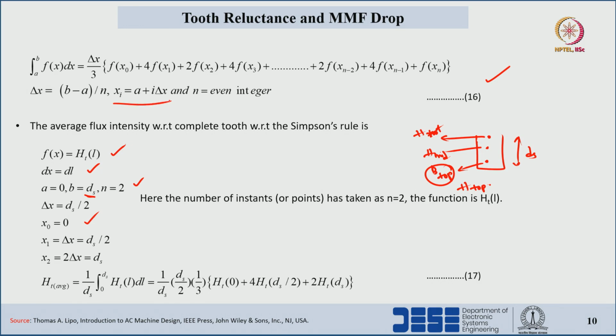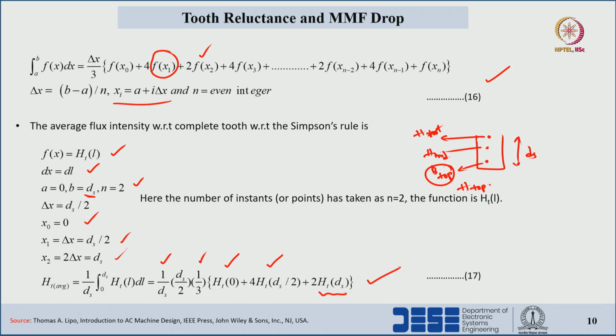Then x naught is equal to 0 based upon this equation with i equals 0, and substituting all these values, we can get the flux intensity average value equal to 1 by ds, with limits 0 to ds, and ds by 2 is delta x, and 1 by 3 as it is. f of x naught is ht of 0, f of x1 is ht of ds by 2, and f of x2 is ht of ds, with respect to the slot depth or tooth depth.